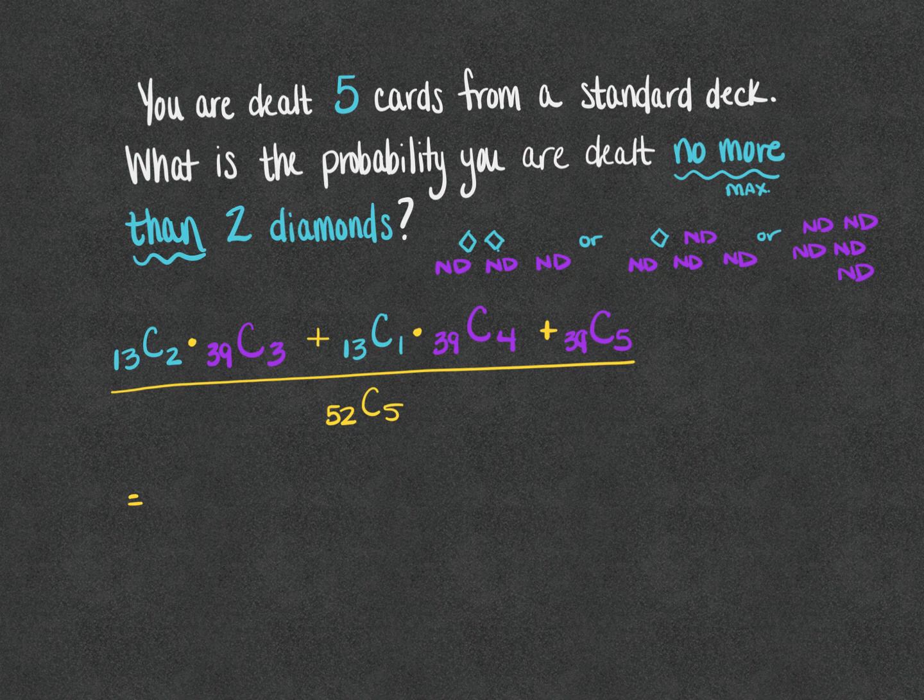So again, doing the multiplication, 13 choose 2 times 39 choose 3, excuse me, is 712,842, plus 13 choose 1 times 39 choose 4 is 1,069,263, and 39 choose 5 is 575,757.